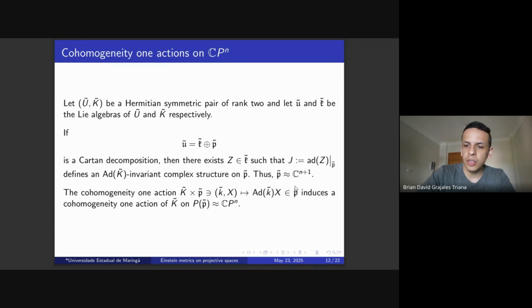And since p is identified with C^(n+1), this action induces a cohomogeneity one action of K on the projective space of p, which is the complex projective space. And this is a way you can construct a cohomogeneity one action of a group on a complex projective space.